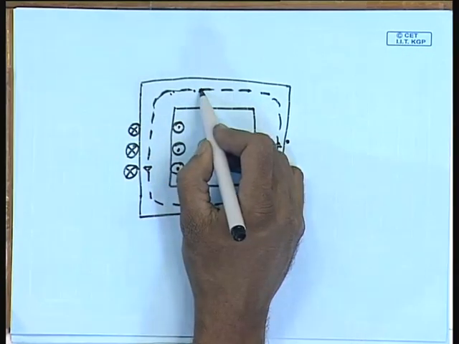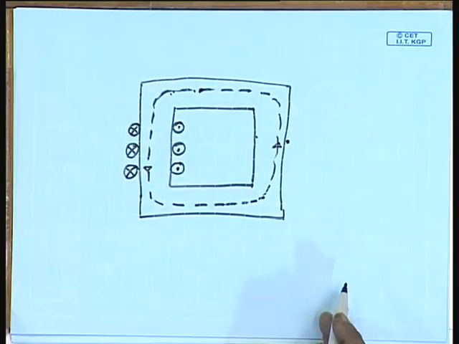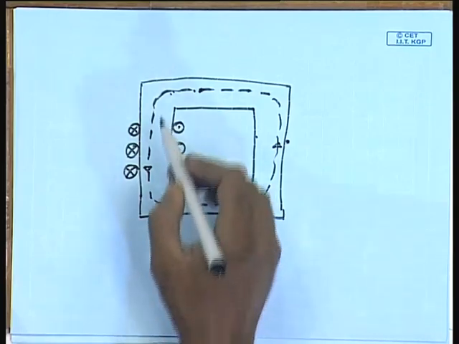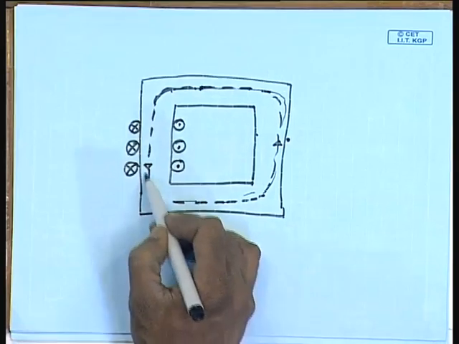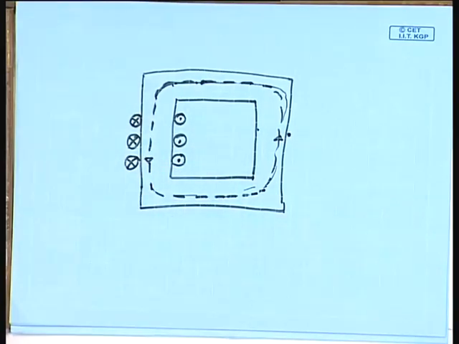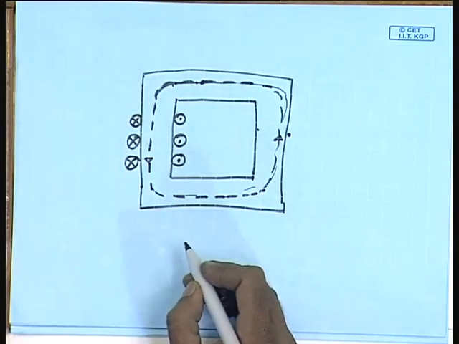Now, if we choose the closed path of the circuital law to be something inside this core, we know that H over this length is constant. Therefore, we can find H from a simple formula.